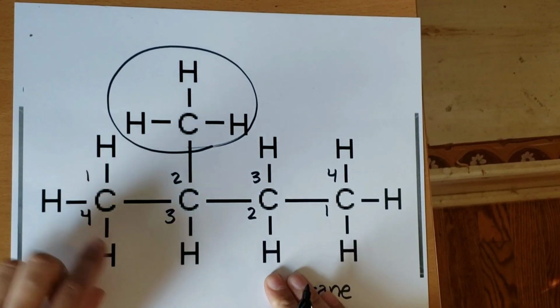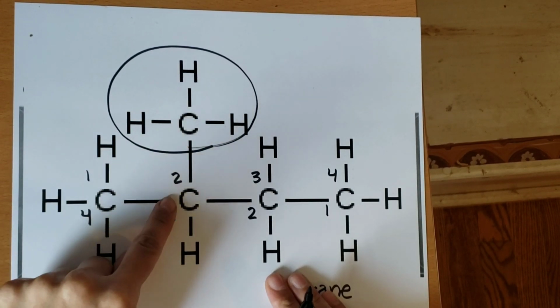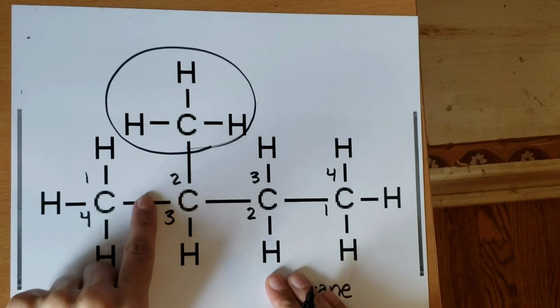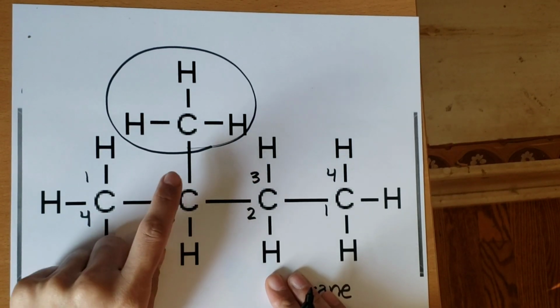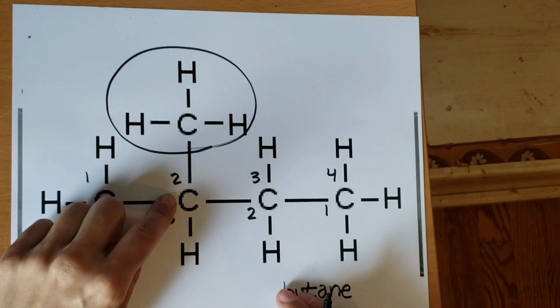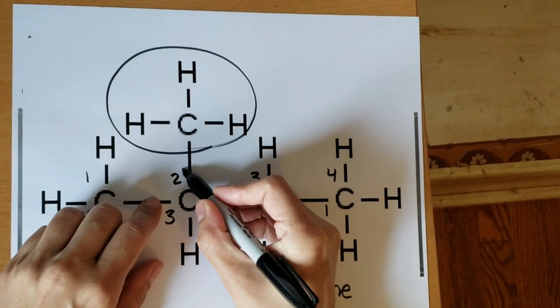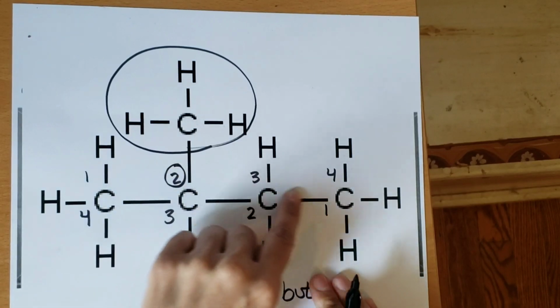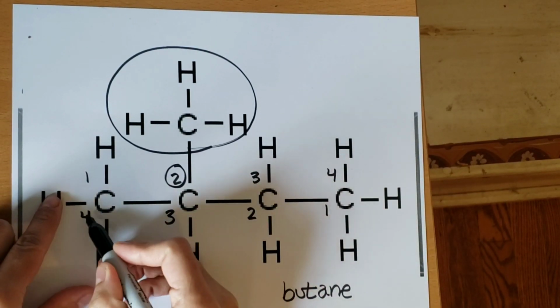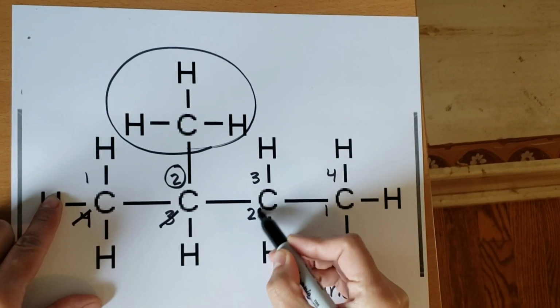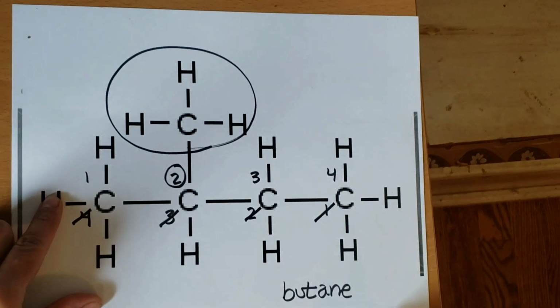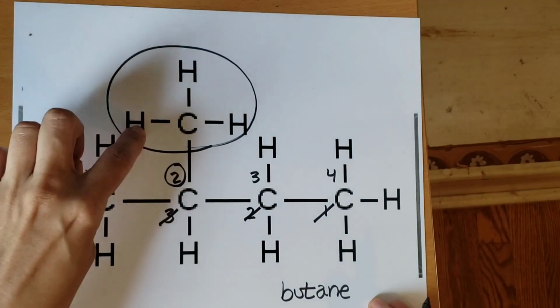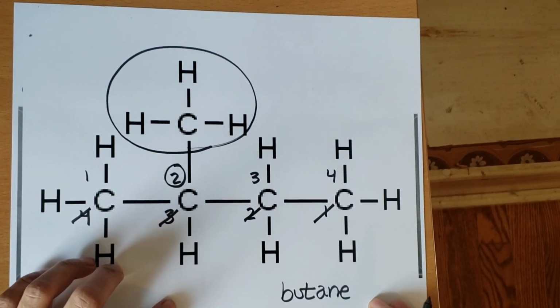In this number scheme, this branch is either on carbon number 2 or carbon number 3. We always want it to be the lowest possible number, so we're going to choose 2. Once you start numbering your carbon chain, the other numbers cannot be used at all for any other parts. This branch is on carbon number 2.